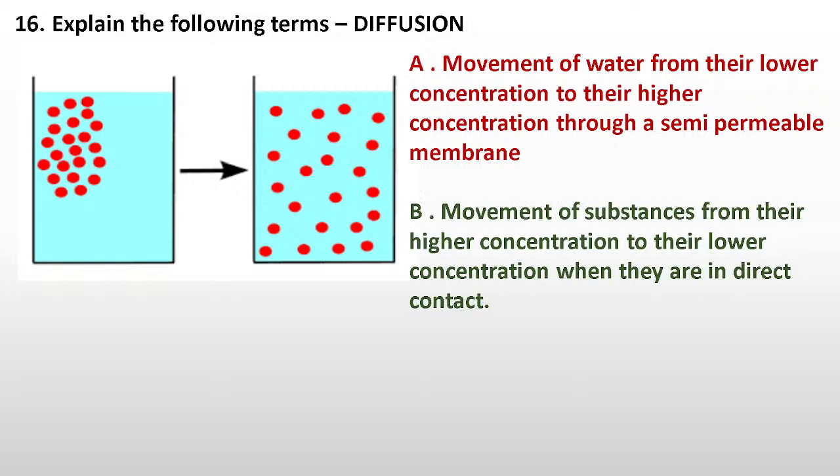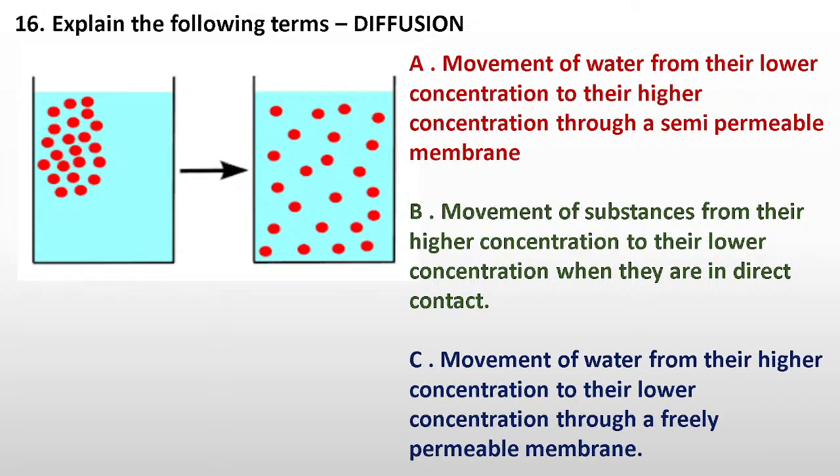B. Movement of substances from higher concentration to lower concentration when they are in direct contact. C. Movement of water from higher concentration to lower concentration through a freely permeable membrane. D. None of these.